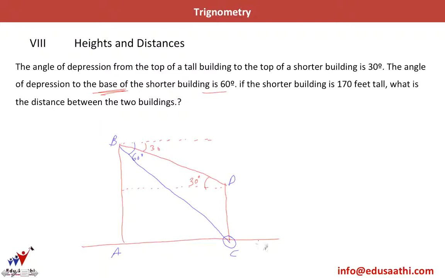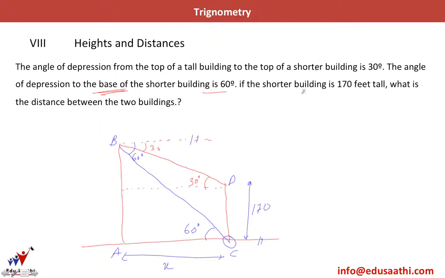So if this line is parallel to this line and this is the transversal, this angle is also 60 degrees. If the shorter building is 170 feet tall, so this is 170. What is the distance between the two buildings? So I need to find out this x.